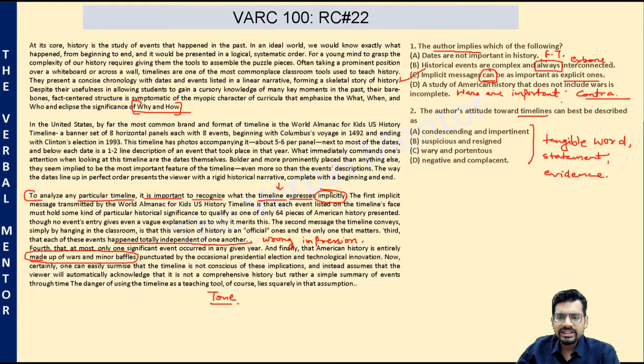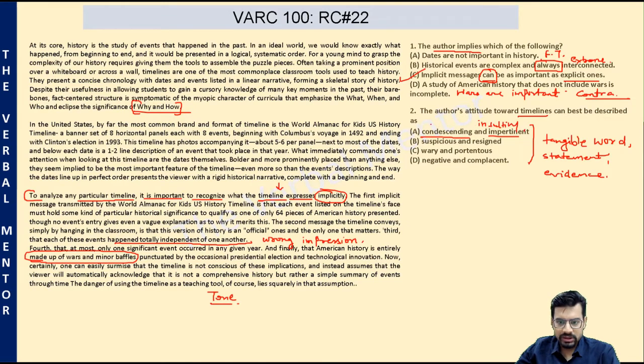Okay. So is the author condescending and impertinent? Condescending is treating timelines as inferior or insufficient, and impertinent means insulting. Is the author insulting the timelines? Not really. This is too much to say.